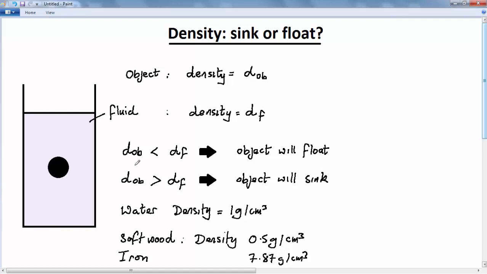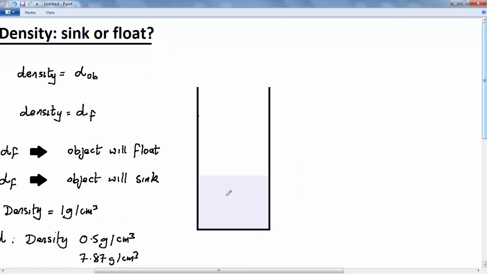So we can explain why some materials sink or float because of their densities. Likewise, we can also explain why certain liquids float or sink on top of others. For example, if I have some water here and I add some cooking oil, remember the water has a density of 1 gram per cubic centimetre.